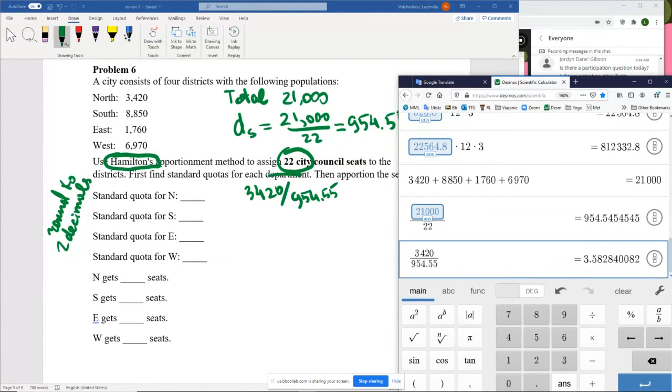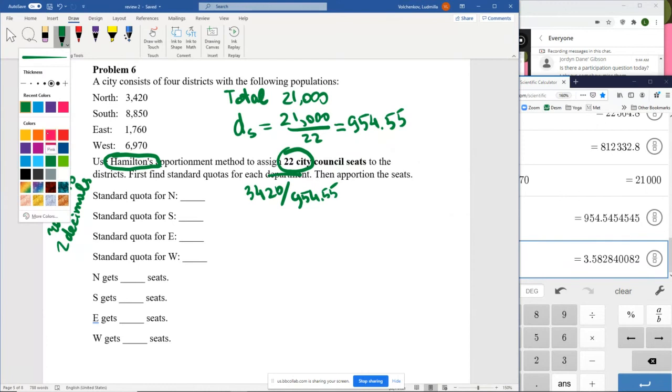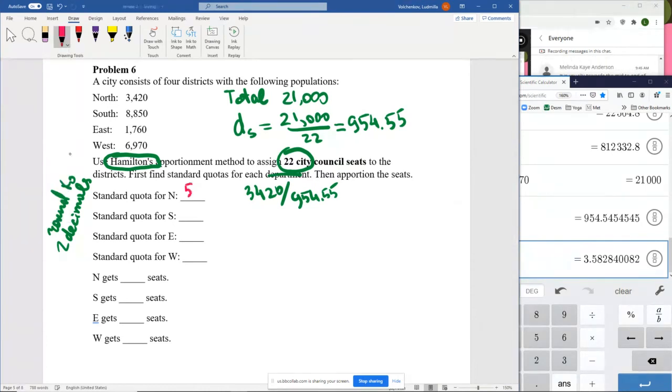So the standard quota is 3.50. Sorry, it was 3.58.